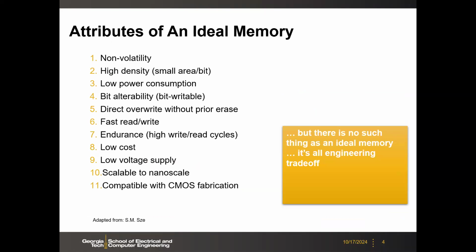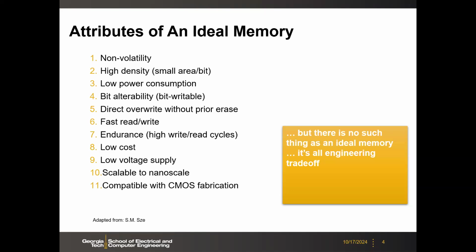So here, if you think more broadly, without that hierarchy, if you just want to have a single memory technology, those would be the ideal attributes. So this is your wish list. If you want to develop a new technology, this is all your wish list for the memory device.